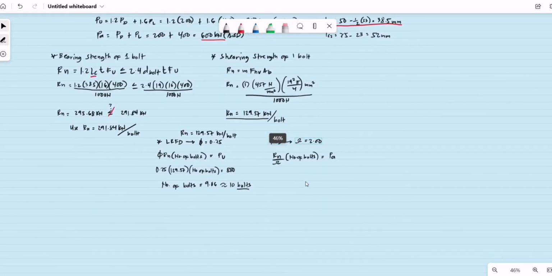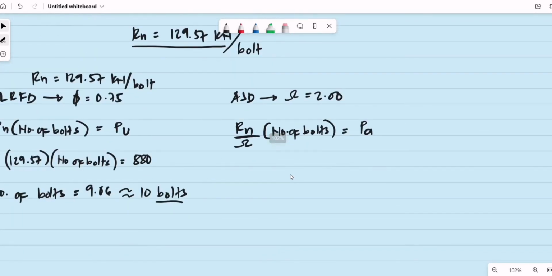So let us now determine the required number of bolts under ASD.